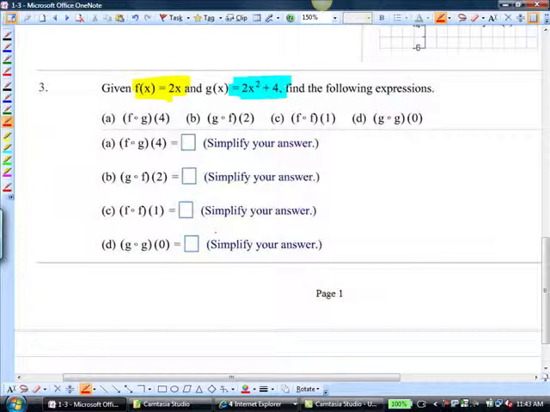You need me to read one to you, Corey? Can you see it? Okay.